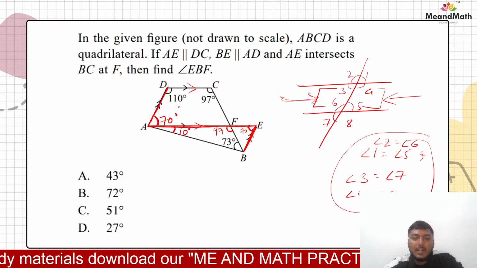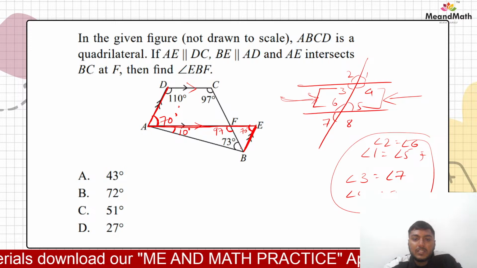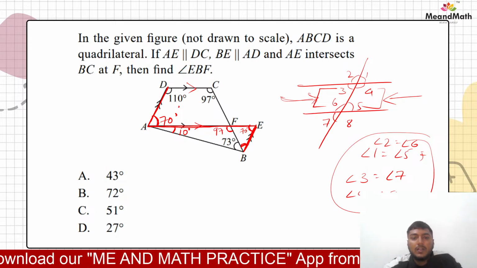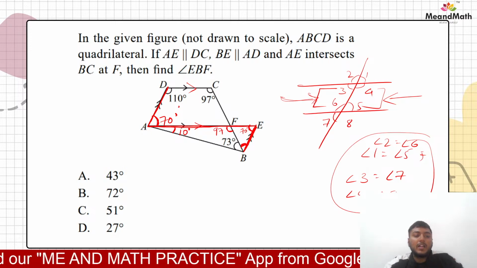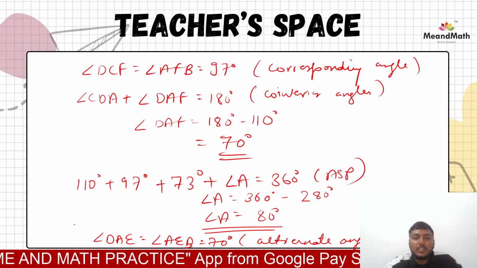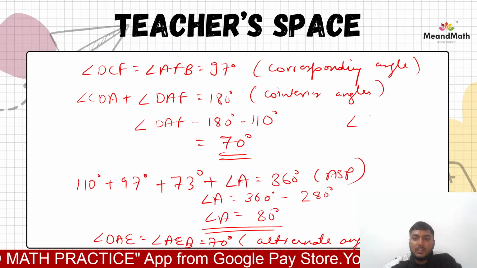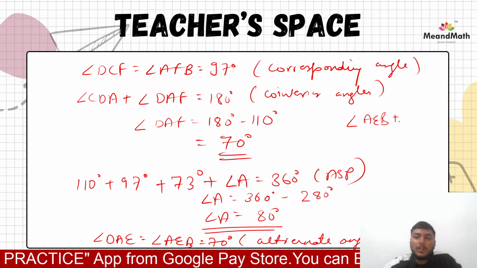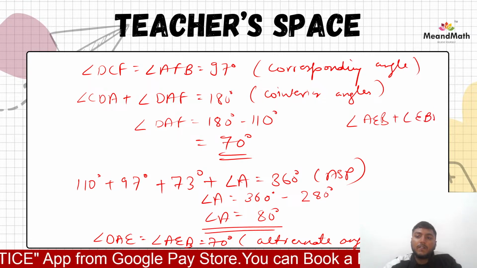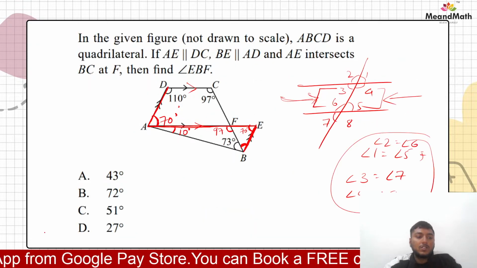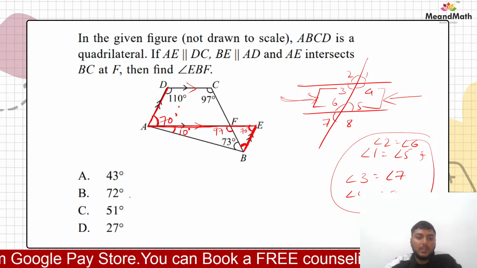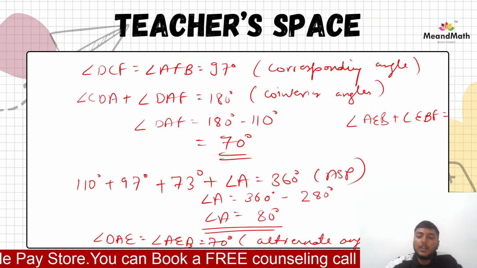Now अभी हमारे पास ये 70 आ गया, ये 97 है, and this angle B, angle EBF we have to find, right? So exterior angle property लगा सकते हैं क्या? Angle AEB plus angle EBF is equal to angle AFB.